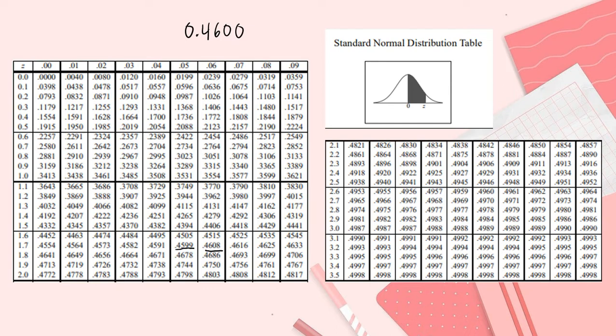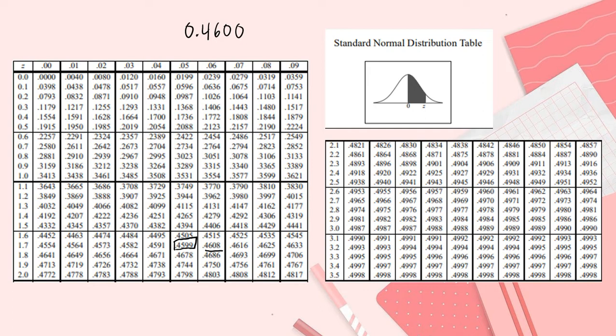Silang dalawa yung malapit sa 46%. Pero ano yung pinaka-malapit? Ang pinaka-malapit po ay 4599. Since 0.0001 lang ang layo niya. Magiging 46 na ang pinakamalapit. Kesa dun sa isa na 8.